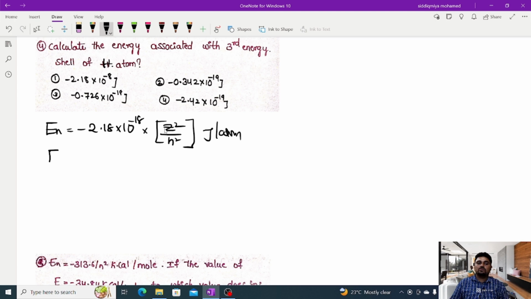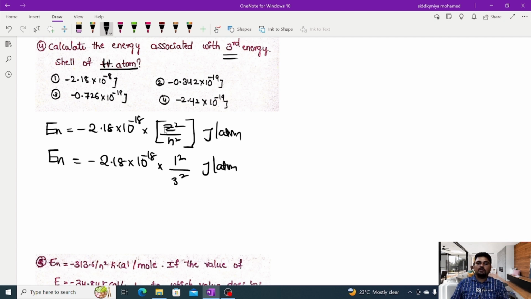So En is equal to minus 2.18 into 10 power minus 18 into z square, which is 1 square since it is a hydrogen atom, by n square, which is 3 square, joule per atom.